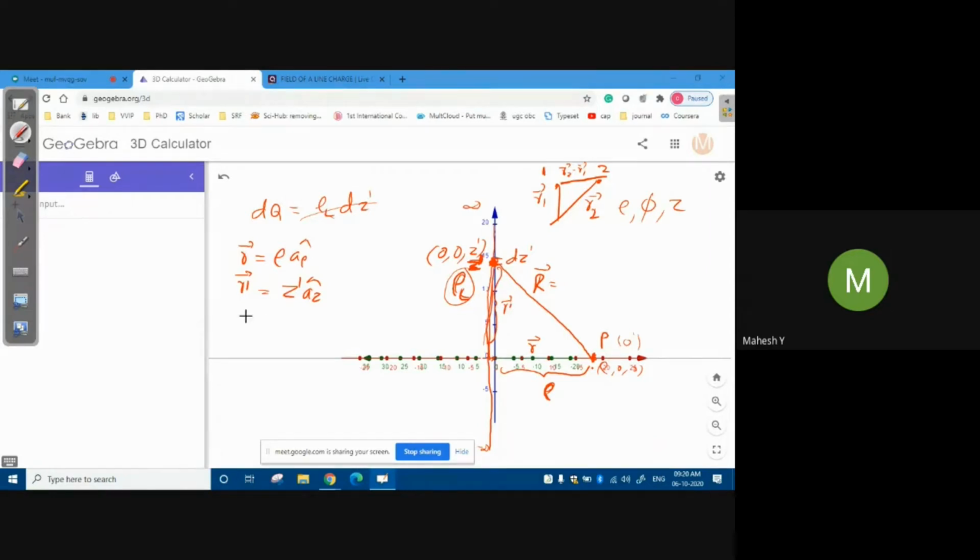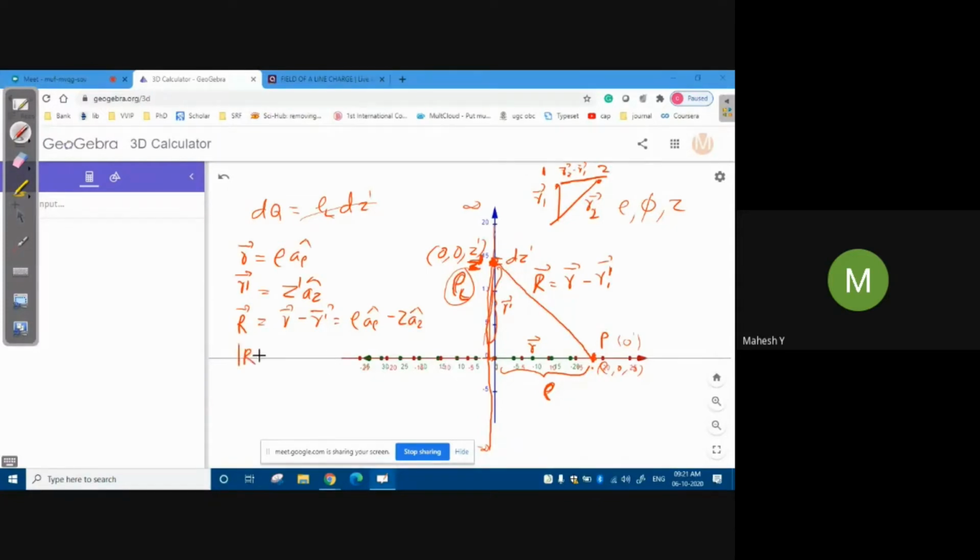So this vector, can I write it as r minus r prime, or r dash. So r minus r dash is equal to rho a rho minus z prime az.